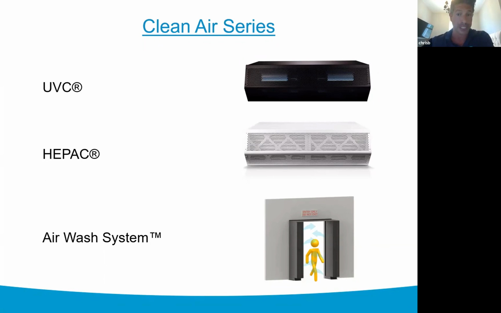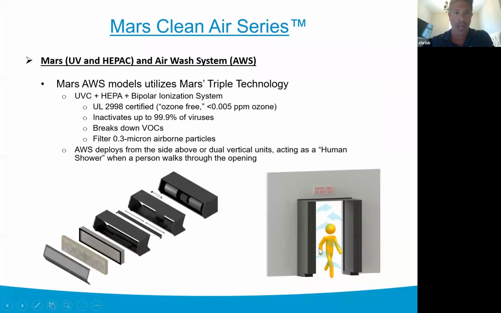We can use both of these in conjunction with each other as well. And then we have our triple threat product here, which is called our air wash system, which incorporates all three technologies. So we have the UVC, we have the HEPA, and then we have the bipolar ionization system as well. So they're mounted on each side of the opening.